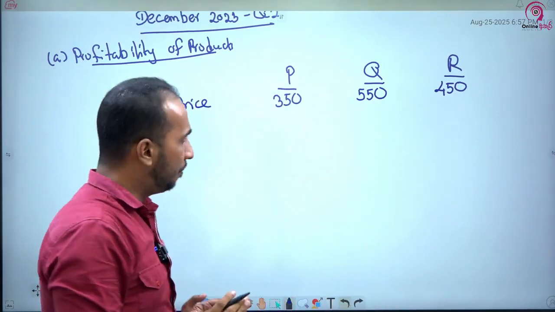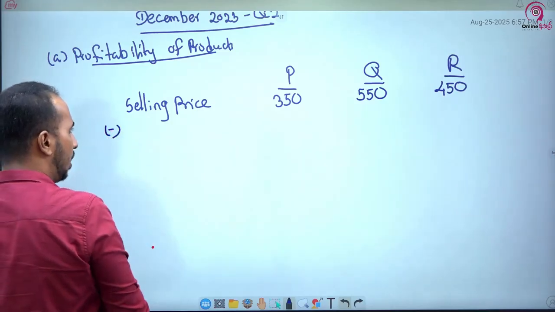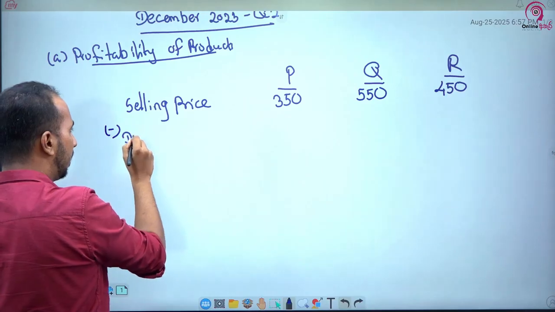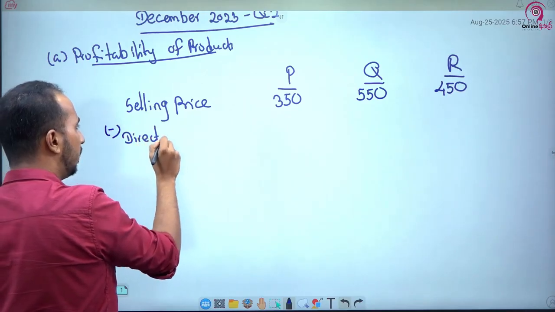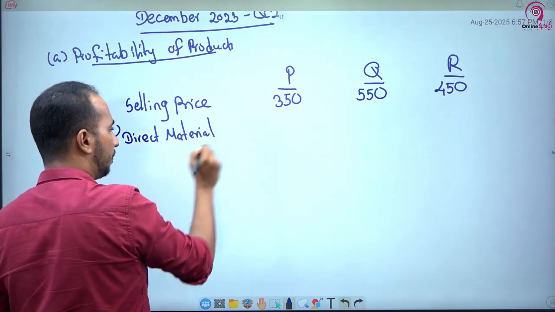Then from this selling price, we have to deduct the related expenditure. I will start with direct material. I don't have any issue with direct material. Why? We can directly trace this cost.